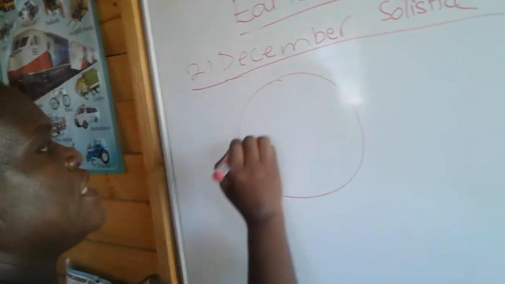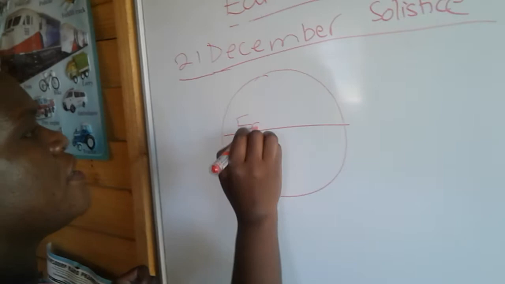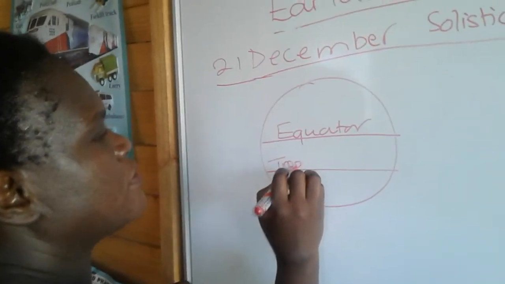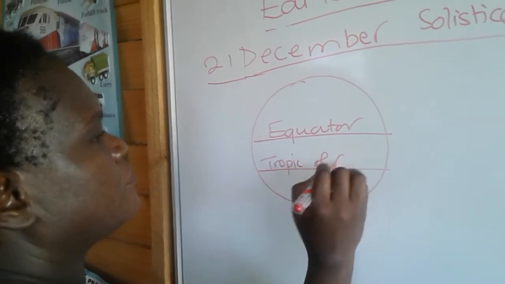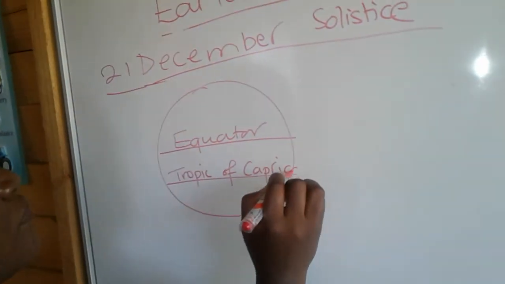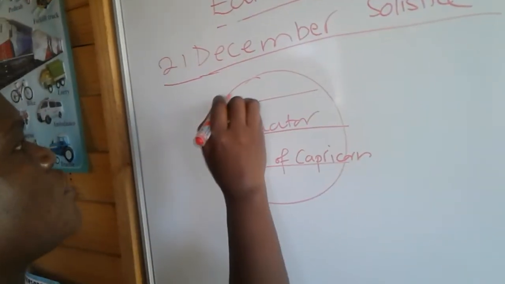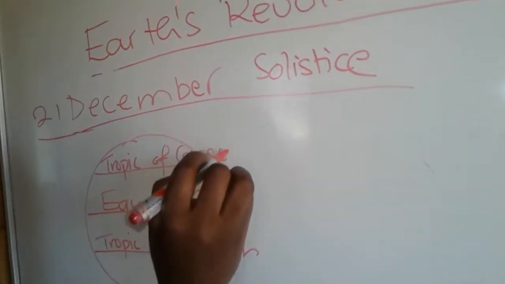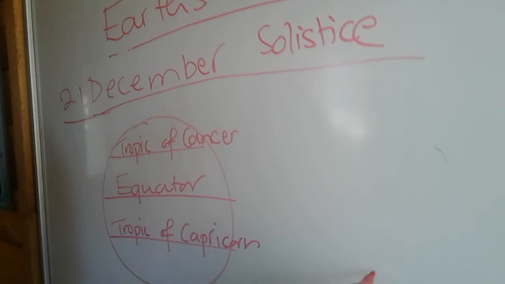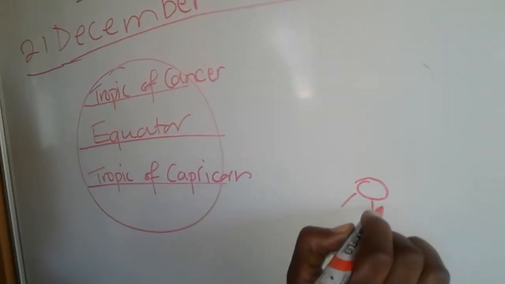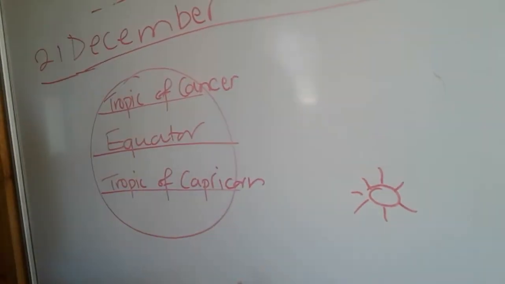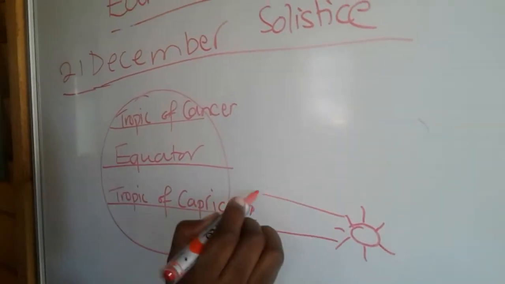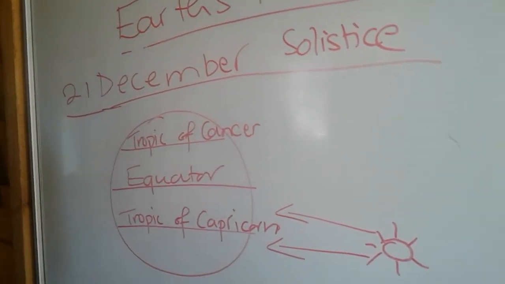Again, I'm going to give you a diagram of our Earth, the equator, Tropic of Capricorn, and then there we have the Tropic of Cancer. And the Earth, as it is revolving around the sun, will reach a path where the sun's rays are directly overhead the Tropic of Capricorn.